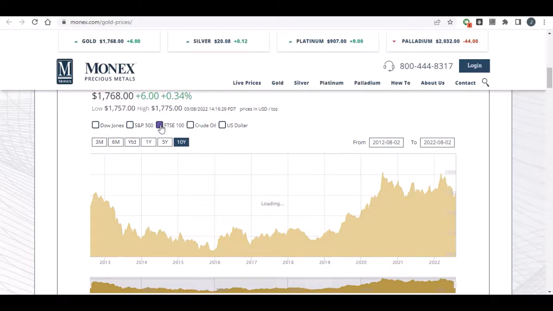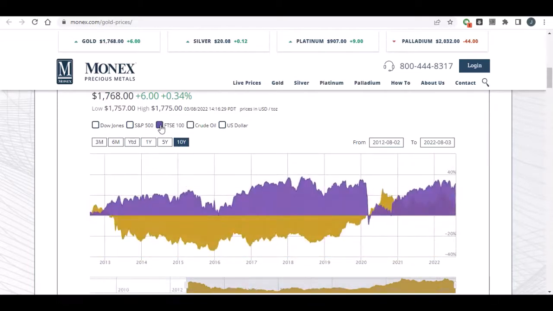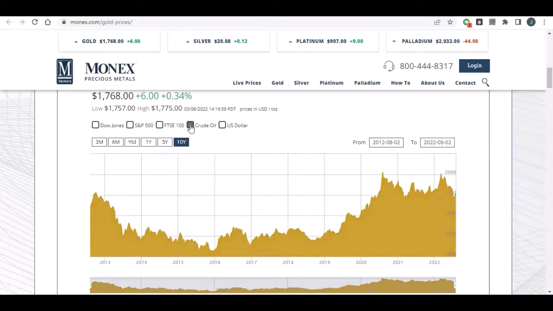Let's have a look against the FTSE 100. Now the FTSE 100 would not be the best performing index out there, but yet it even beats gold. What if you had put your money into crude oil?